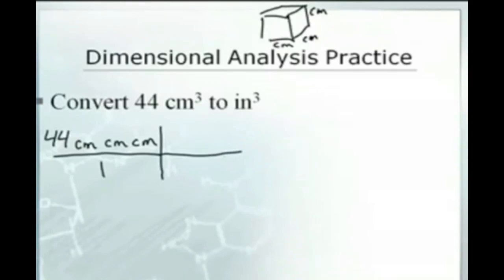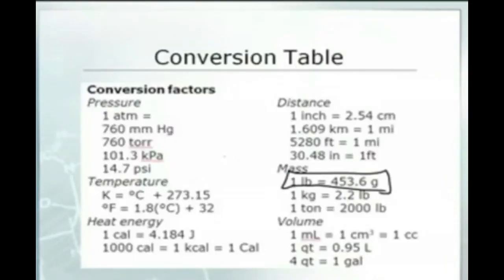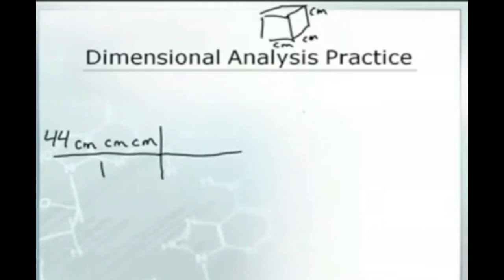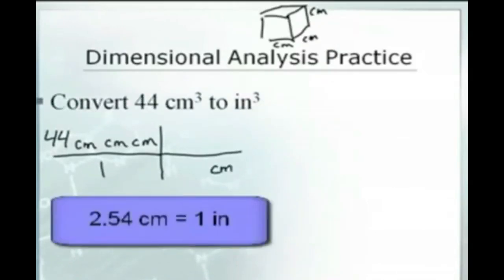If we look at our conversion table, centimeters to inches. Here it is. 2.54 centimeters is 1 inch. So I'll put centimeters to inch, and we know there's 2.54 centimeters in 1 inch. That crosses off one centimeter. Am I done? No, you've got 2 more centimeters to cancel out. I have to do this 3 times.